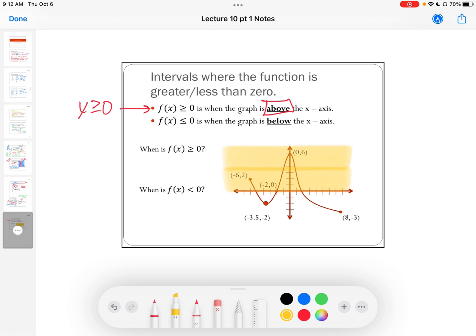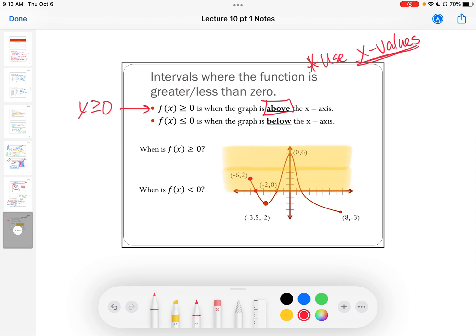So the first question says, when is f of x greater than or equal to 0? Like when we did this before, you only use x values when answering this, okay? So from this point here to this point here, my graph is above my x-axis.